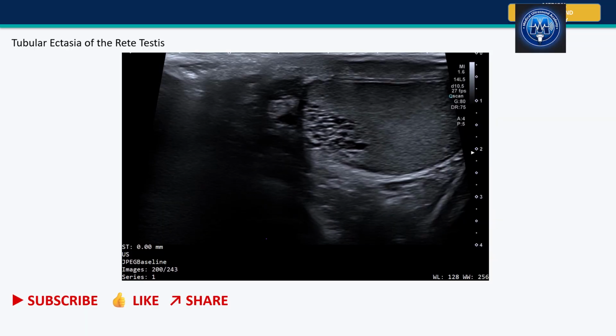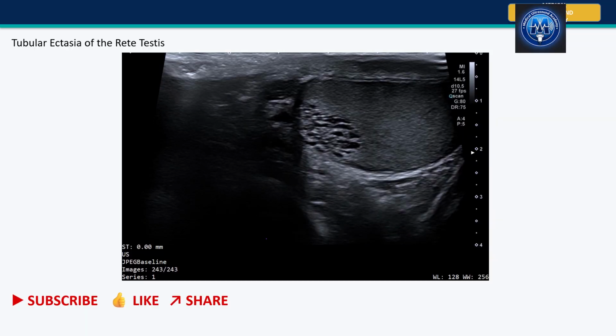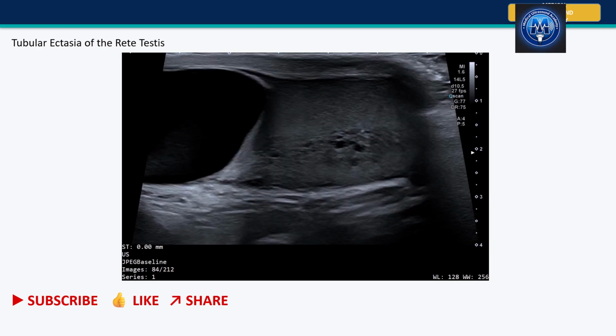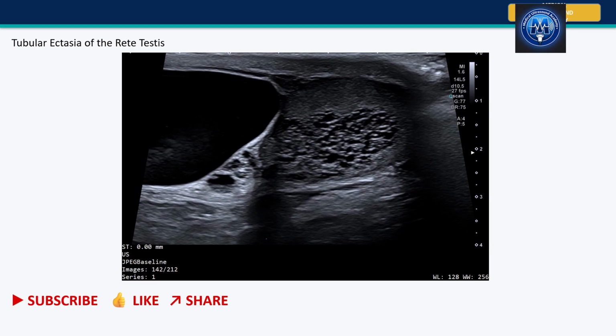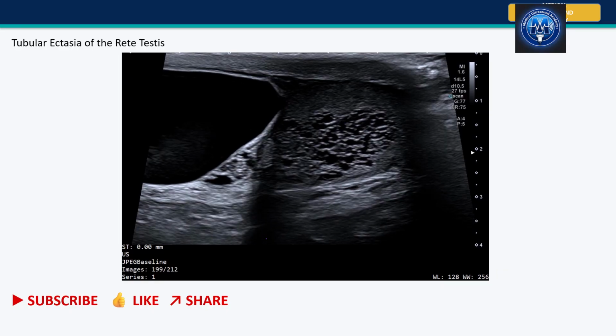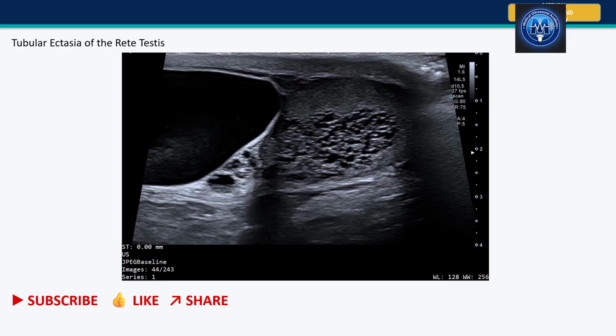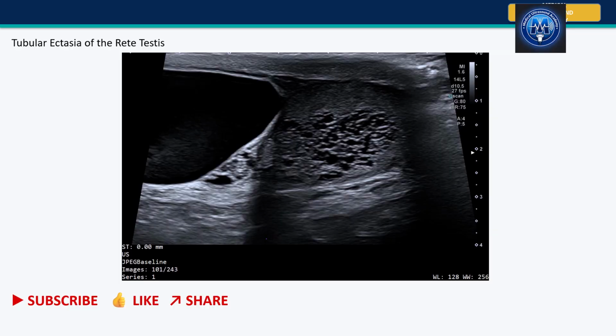So tubular ectasia of the Rete Testis is a benign condition. It's not cancerous. You can see the left testicle there. There we have it.